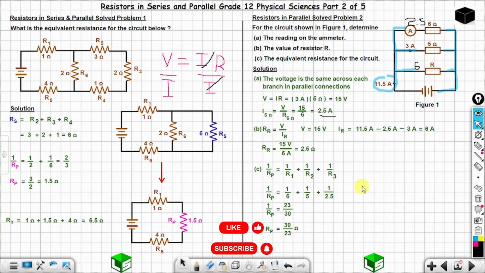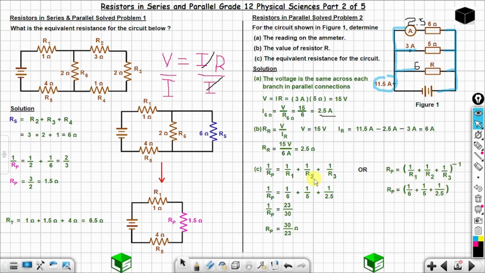You can also calculate the equivalent resistance this way, using the same formula. RP is equal to this part, remember to raise to the power of -1.